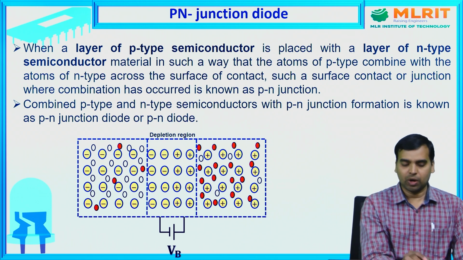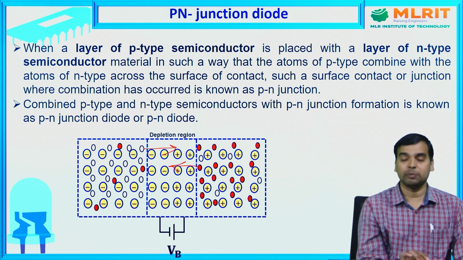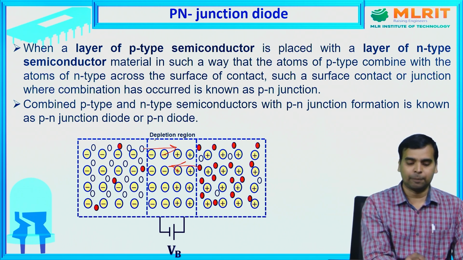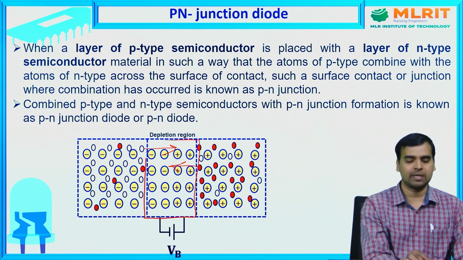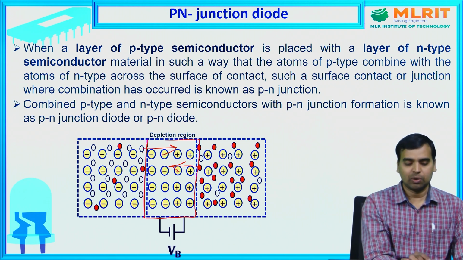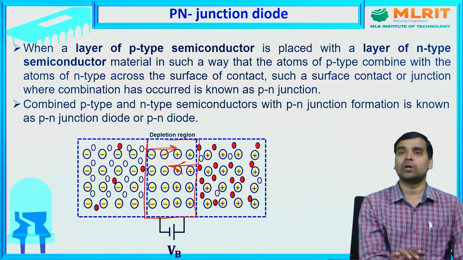I hope you got my point. Holes are moving from p-type to n-type, electrons are moving from n-type to p-type. Due to the diffusion of these charge carriers at the junction, up to a certain region there aren't any free charge carriers because of electron hole recombination, because holes are coming from p-type to n-type and electrons are coming from n-type to p-type. So at the junction there exists electron hole recombination.